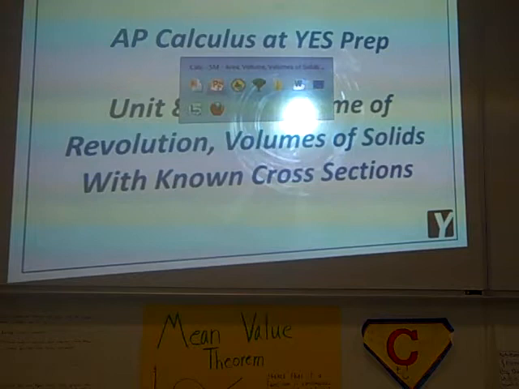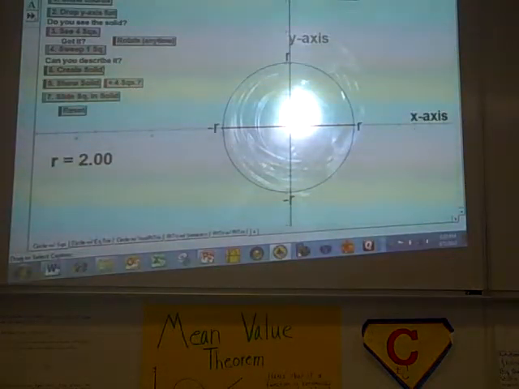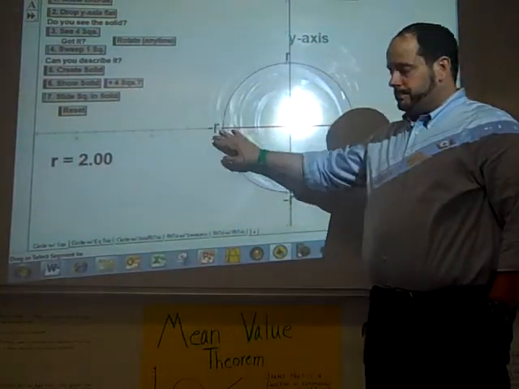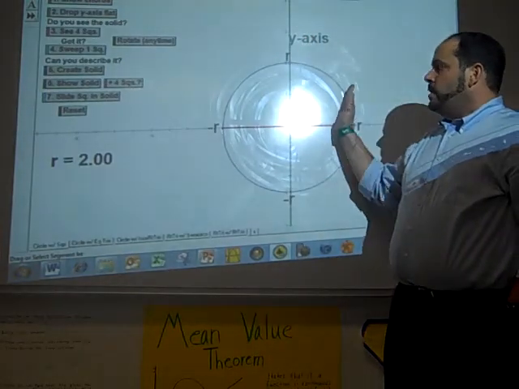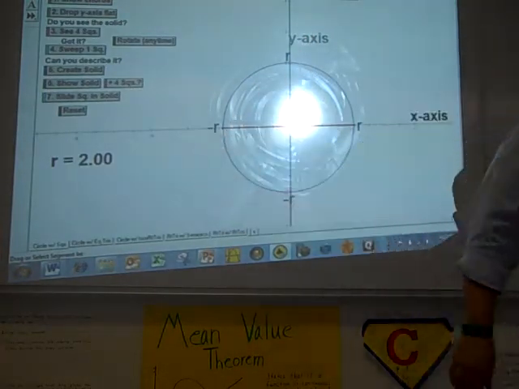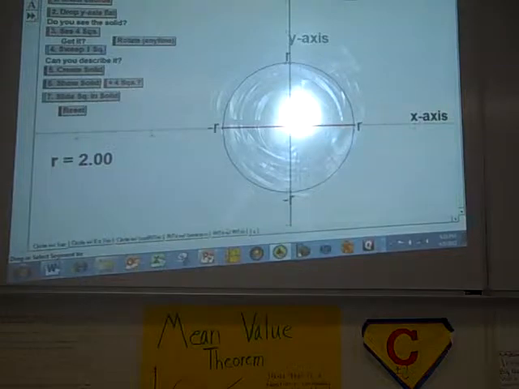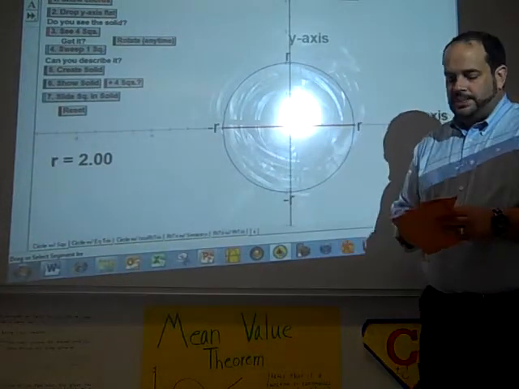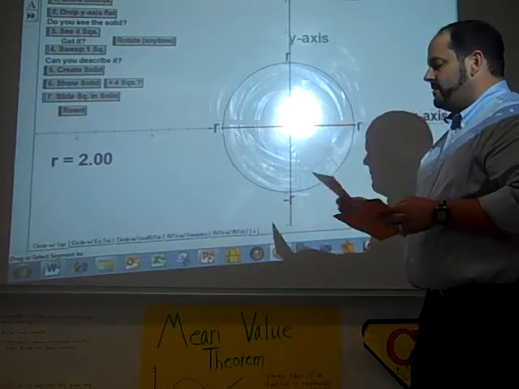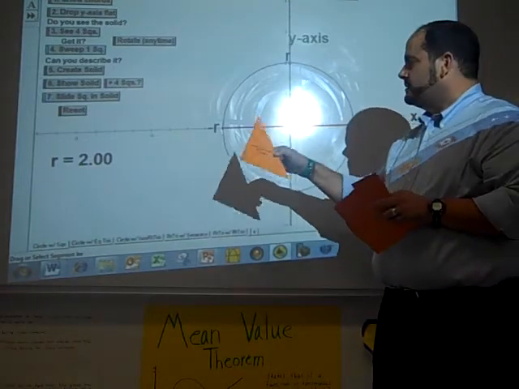So let's start with a computer-generated example. What we have for our base is this circle. This is your x-axis. This is the y-axis. We've got the circle, and we want to build a three-dimensional object using this as the base, and the slices could be any of these shapes. Maybe it's the right isosceles triangle.